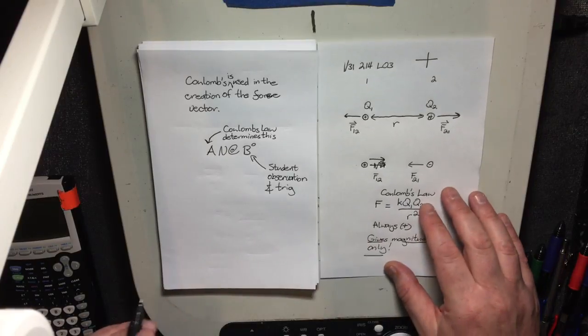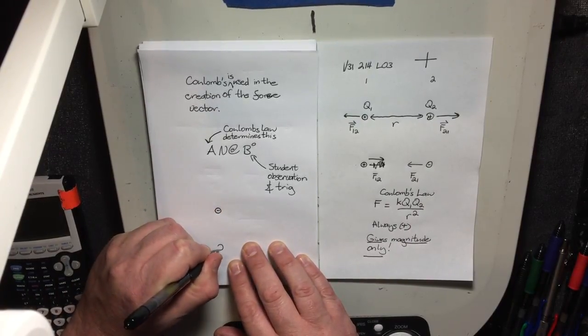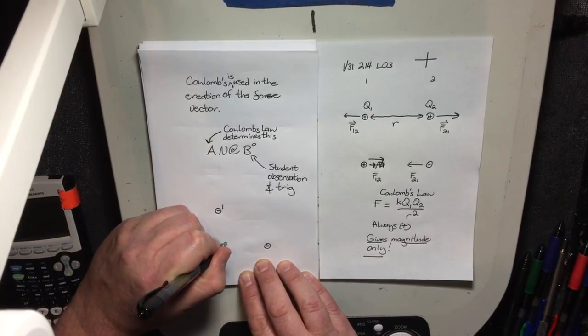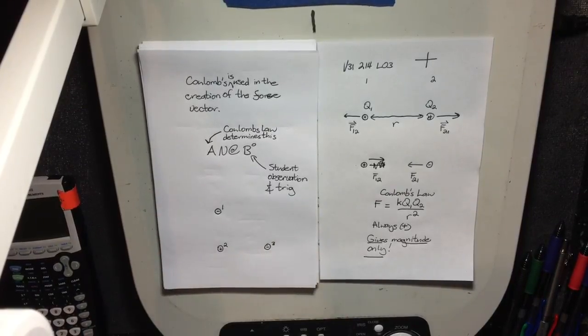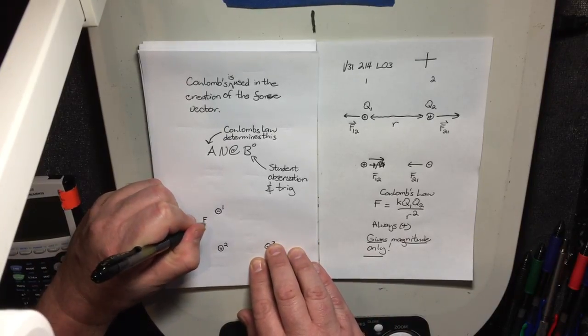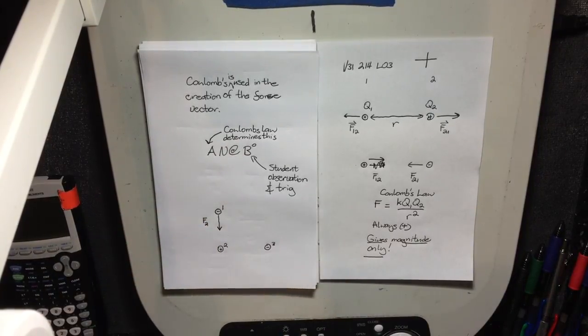So in something that's a little bit more complex, one, two, three. And the exercise is to simply describe the net force on 1 from the other 2 charges. Well, the force on 1 by 2 must be down. So they are not of the same polarity or same charge.